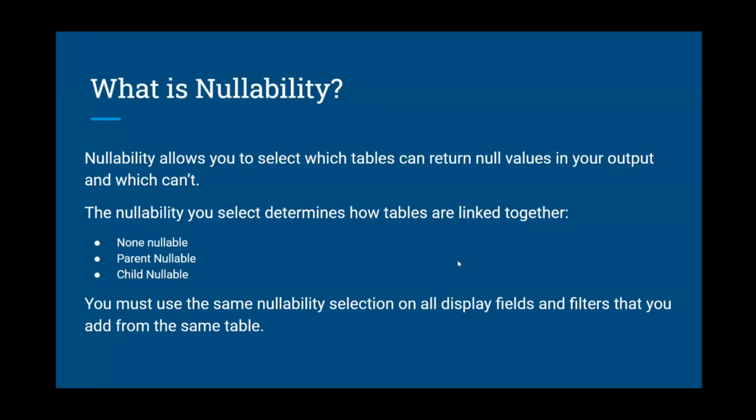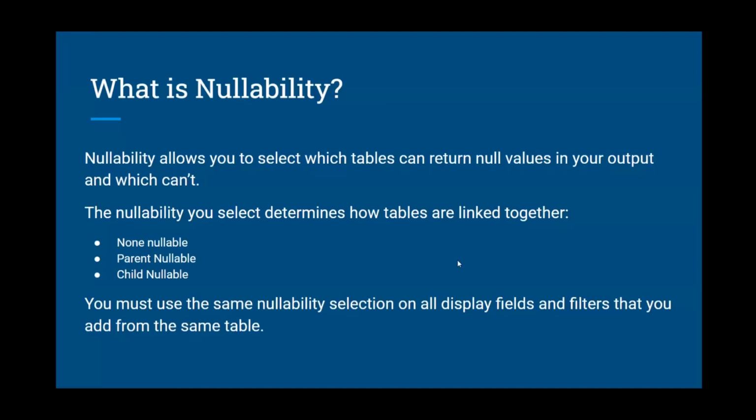You can select non-nullable, which basically means that null values in both tables will be left out of the report. So if you're linking between circulation and item ID, any null values between the two, that row will just not be included. So you won't get a null for that one.